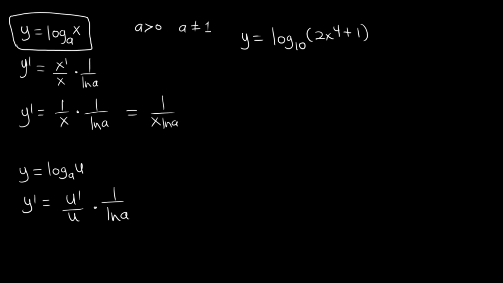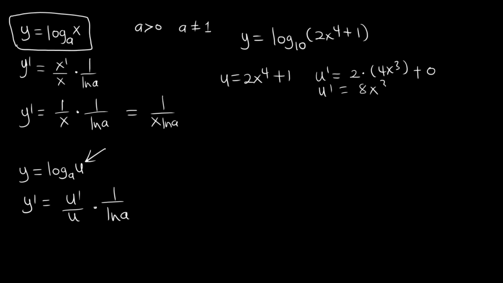In this case we have this form, so we have to find our u. u will be equal to 2x to the power 4 plus 1. What we need next is u prime, which will be equal to 2 multiplying 4x to the power 3 plus the derivative of 1, which is 0. So u prime is equal to 8x cubed.